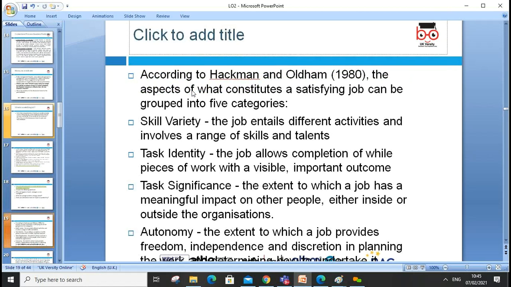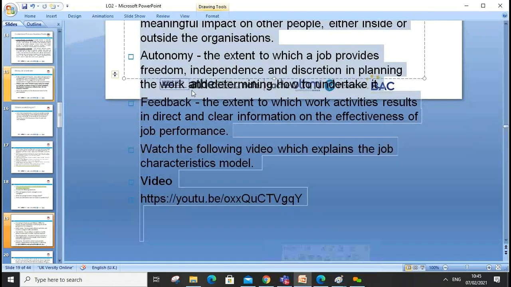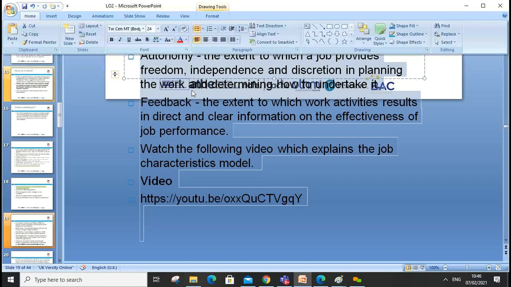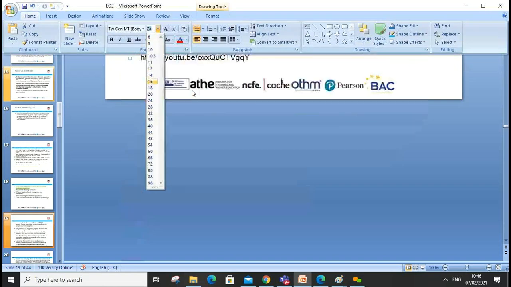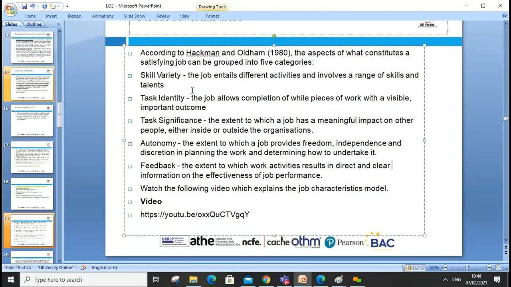Then, according to Hackman and Oldham, two authors, skill variety is crucial. Task identity, which task you are doing and who you are giving it to, also helps to give the right person the right task. That will help people to be motivated accordingly.